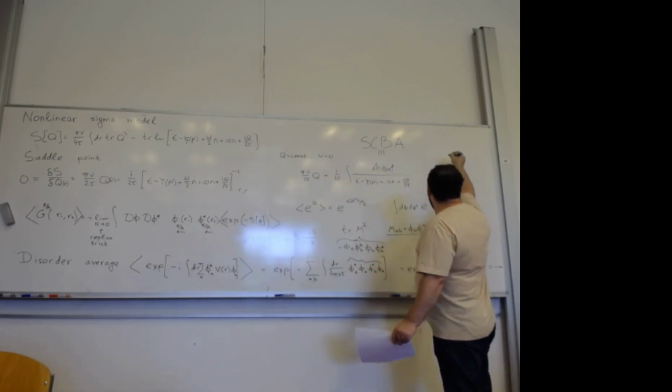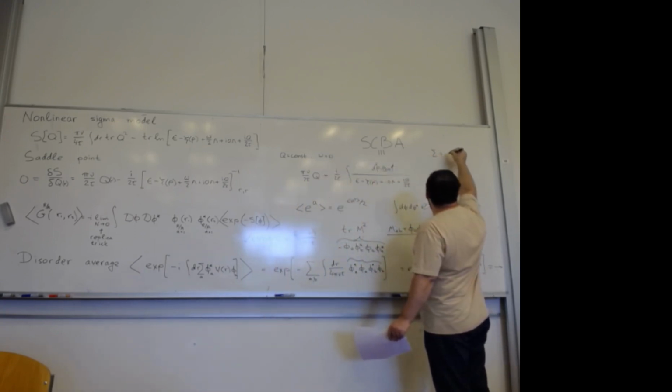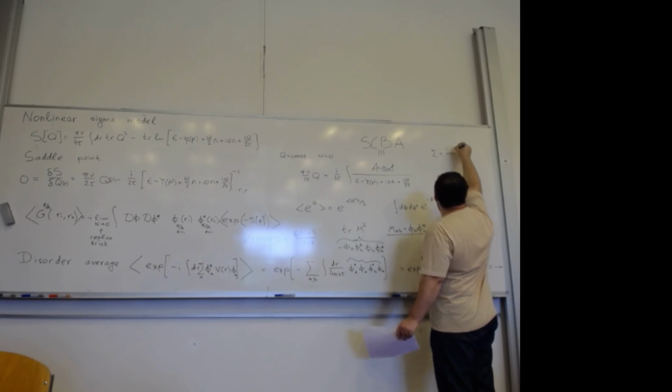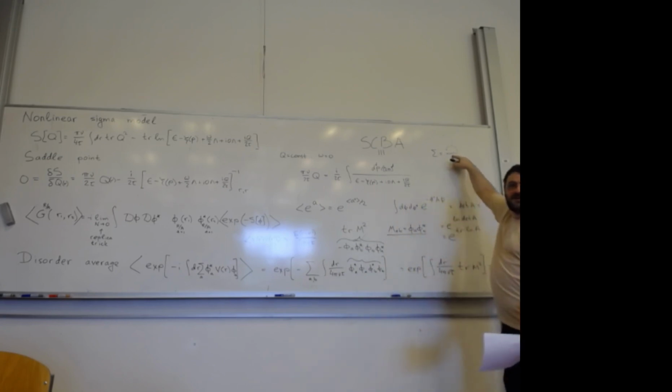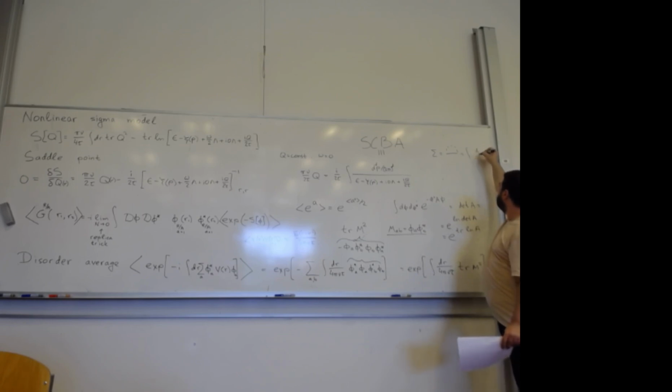equation was like this. Sigma is this diagram with the Green function inside, and it's an integral over momentum of the Green function of p, which was energy minus xi minus the same self-energy.